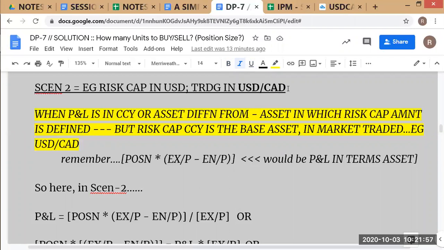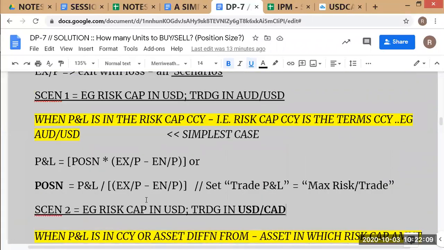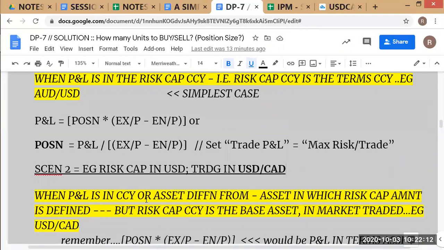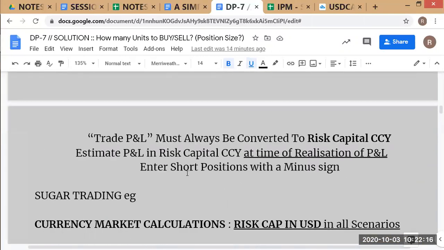Now you have a problem, because your PNL is going to be generated in the terms currency, but your risk capital is in US dollars in all the scenarios. That's not good enough, because there's another rule here: trade PNL must always be converted to risk capital currency.